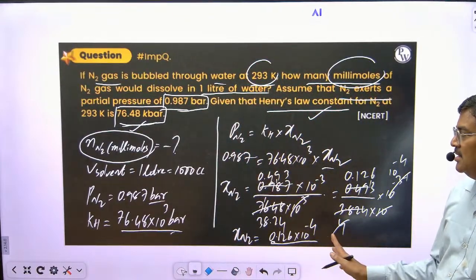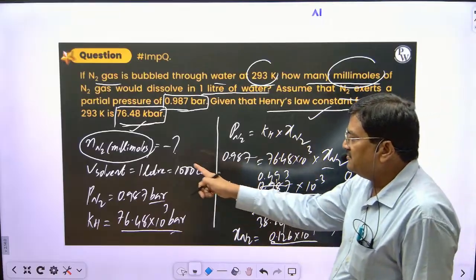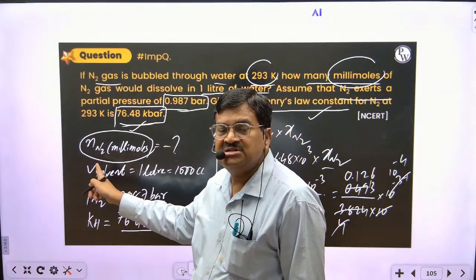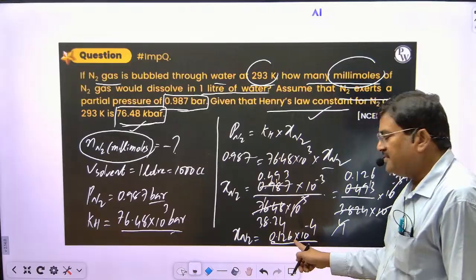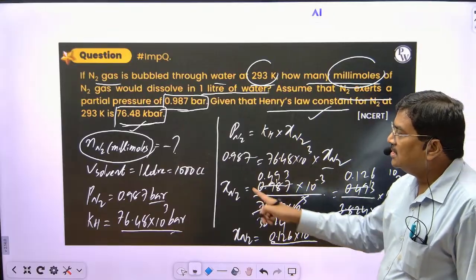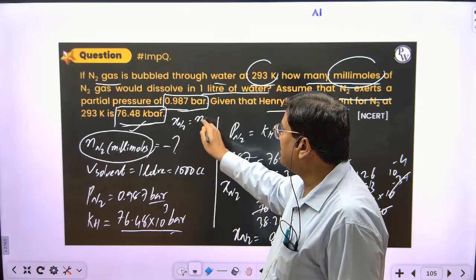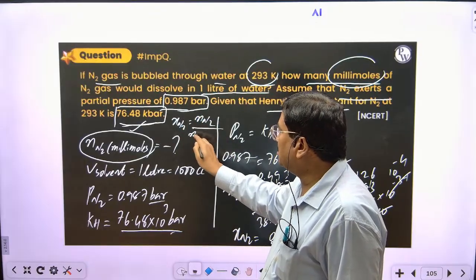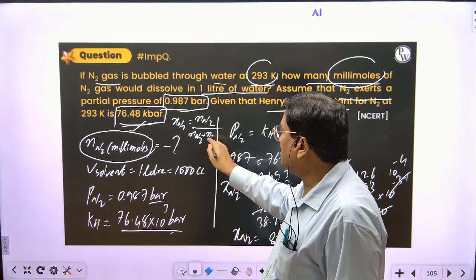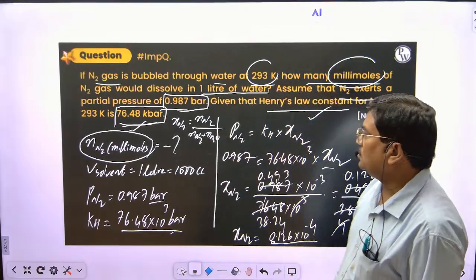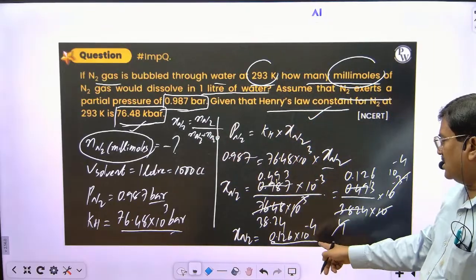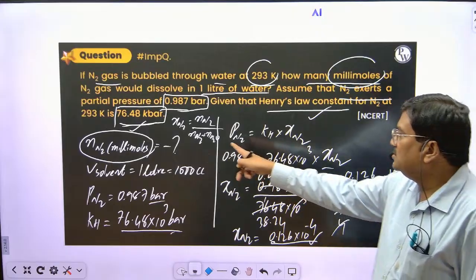Clear, all of you? So next, what do we have to find? We have to find how many moles. So how do we get moles? We learnt in the previous class how we get mole fraction of nitrogen. Do you remember? Mole fraction of nitrogen is number of moles of nitrogen by number of moles of nitrogen plus number of moles of water. So the mole fraction value we got, you correlate here.